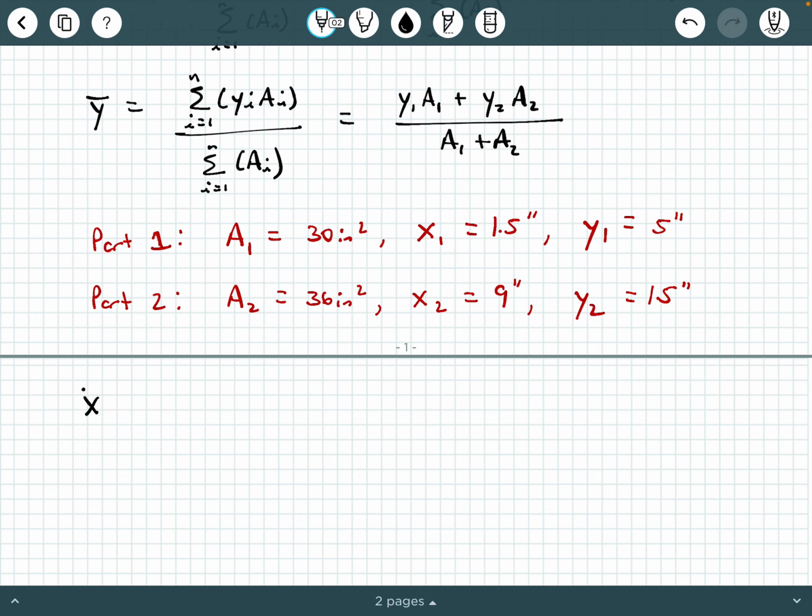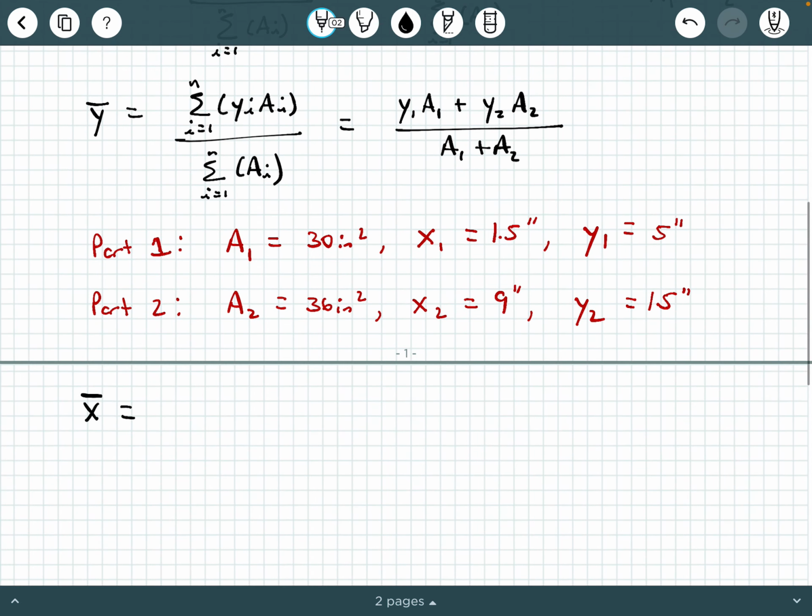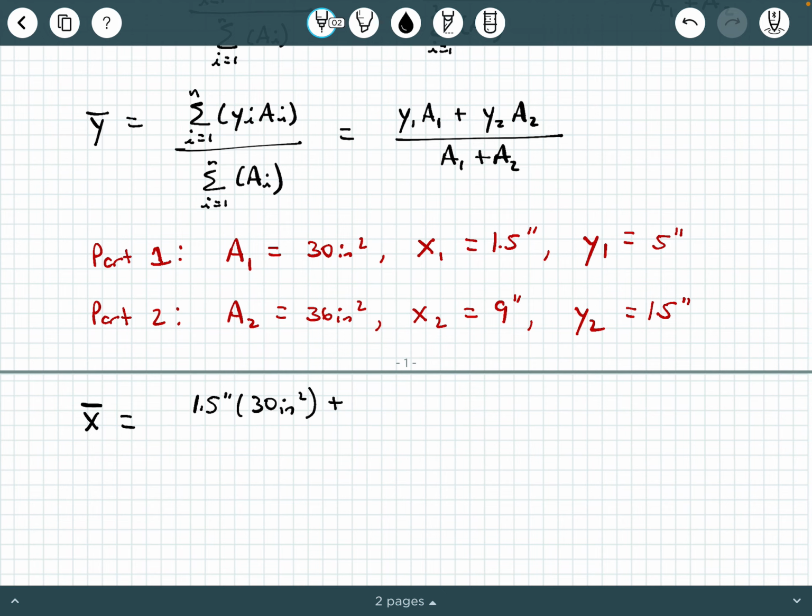I'm going to say X bar is, let's write the terms in the same order that we wrote them earlier, 1.5 inches times 30 inches squared plus X2 times A2, which is 9 inches times 36 inches squared, all divided by 30 inches squared plus 36 inches squared.